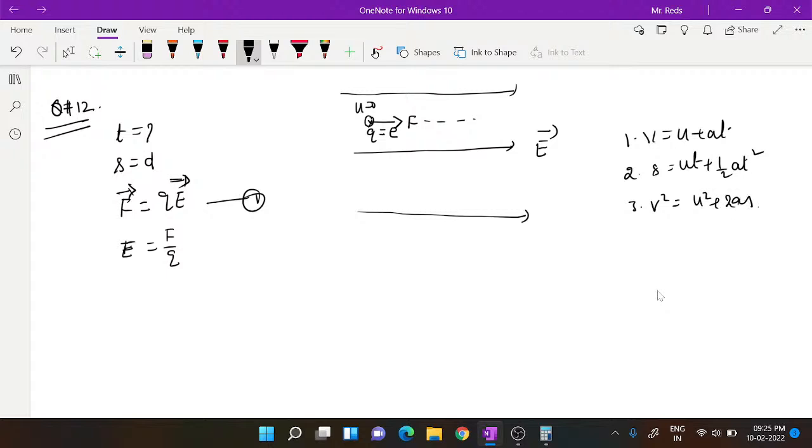The question here is what is the time taken to travel this distance d. Let us take S as d. The initial velocity is 0, so from S equals ut plus half at square, with S as d, d equals half into at square.